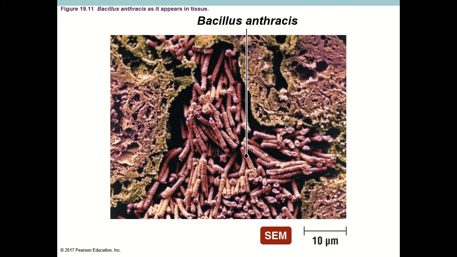So if the environment does not favor their growth, then they become endospores, dormant until they are in a beneficial environment.